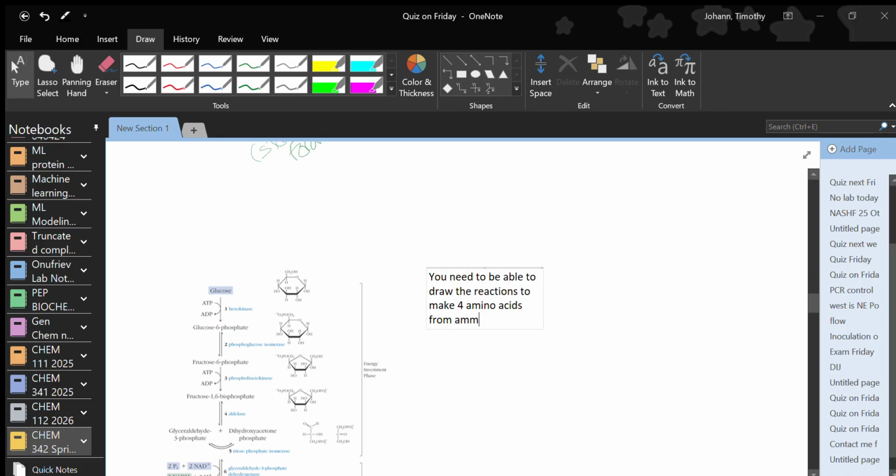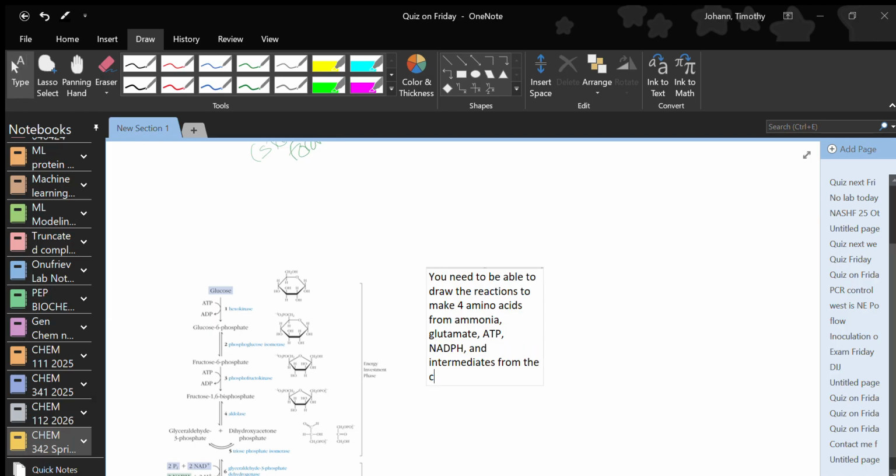From ammonia, glutamate, ATP, NADPH, and intermediates from glycolysis or the citric acid cycle. Yeah, I'm going with 4.